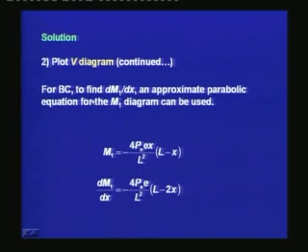For BC, to find dM1 by dx, an approximate parabolic equation for the M1 diagram can be used. M1 can be expressed as a function of PE and E as follows: M1 is equal to minus 4 PE times E times x times within bracket L minus x divided by L square, from which we can find an expression of dM1 by dx.